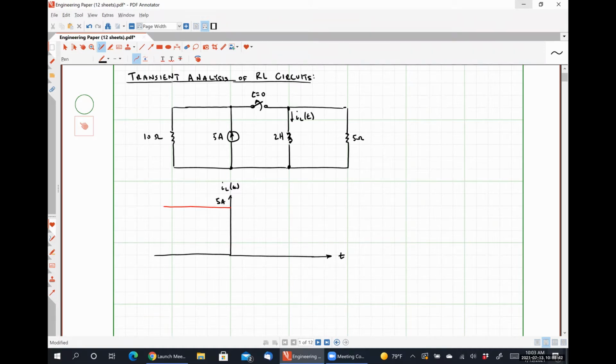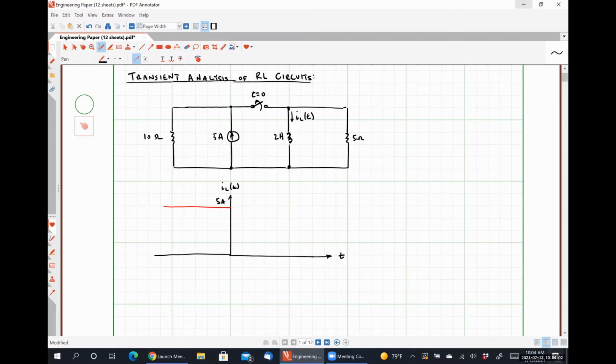The inductor in a DC circuit behaves like a short circuit, so we would have a 5 amp source in parallel with a short circuit in parallel with 2 resistors, so obviously all 5 amps of the current being supplied by the source will flow through the inductor.